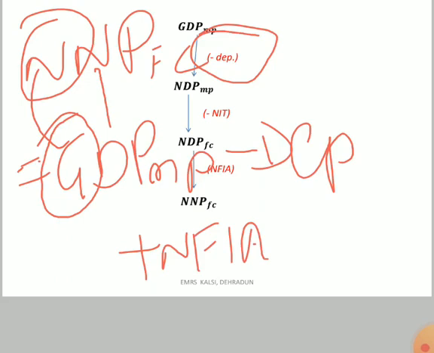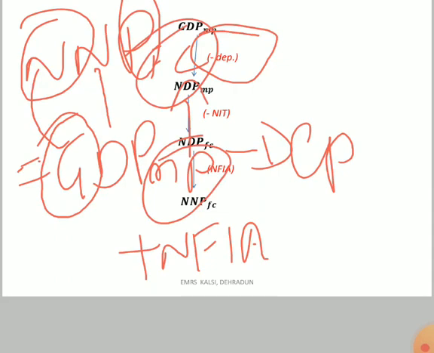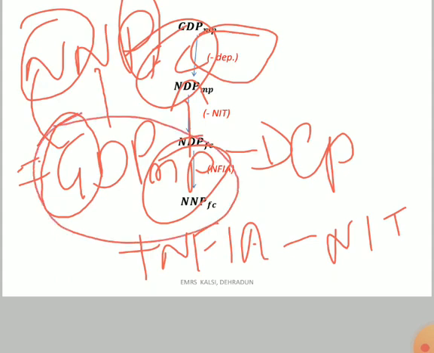Now the third place is the same always. Now the fourth place, MP and FC: we have to convert market price into factor cost, which means we have to subtract NIT. By adding and subtracting these things, we have converted GDP MP into NNP FC.